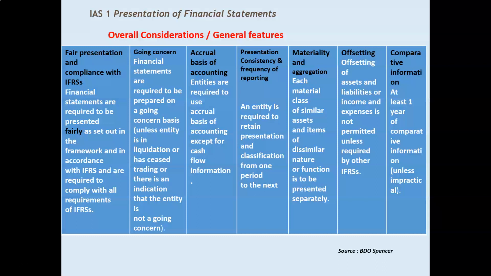What is wrong with that is that the value of the assets that I'm using to generate income is not R1 million. The value of the asset that I'm using to generate income is 5 million rand. Also, where I've netted it off and only shown the 1 million, do I show any commitments in my books? Now I go to the bank and say, listen, I want to borrow money.